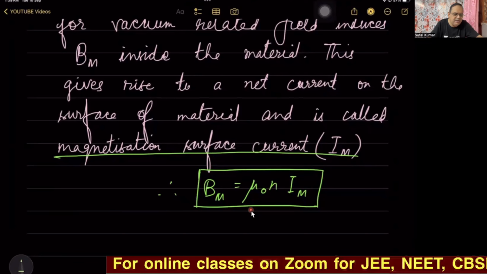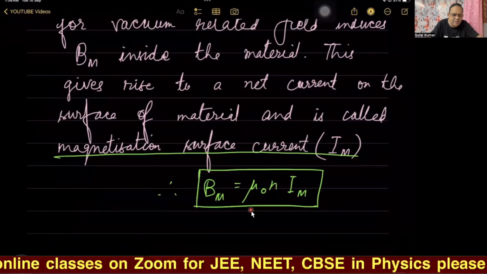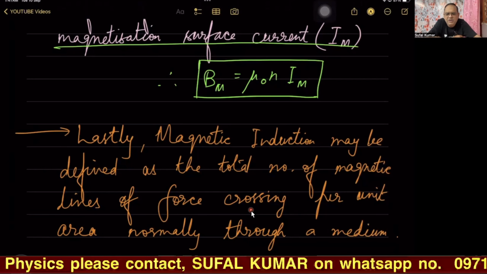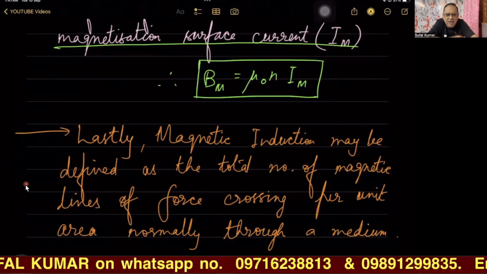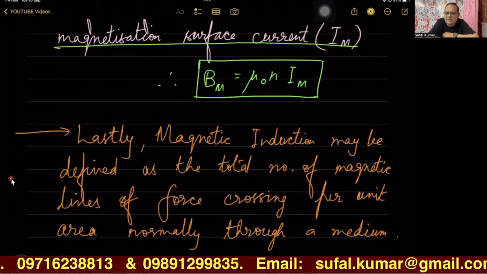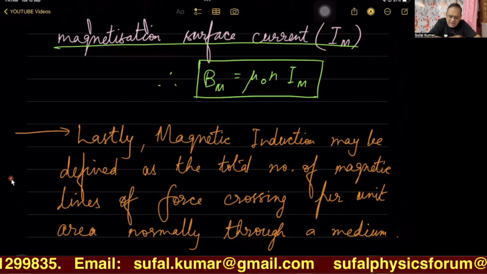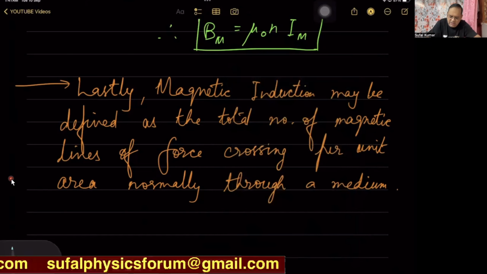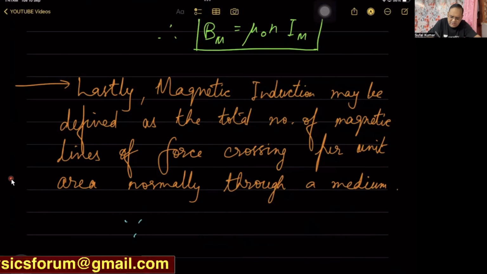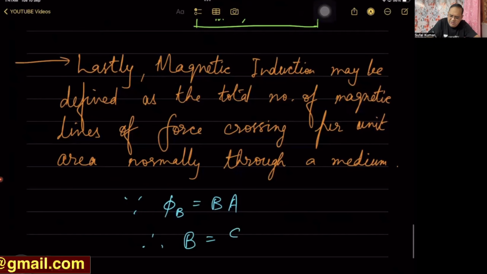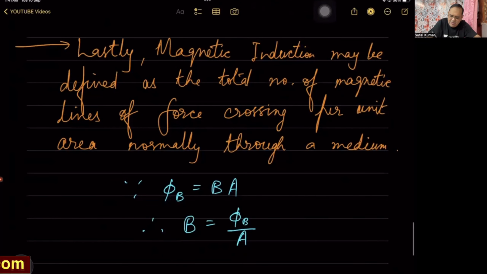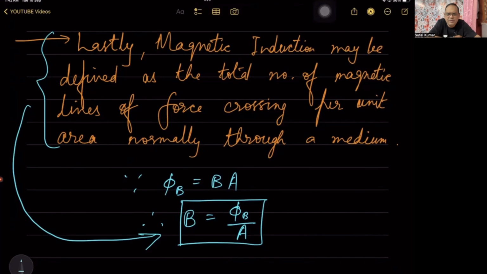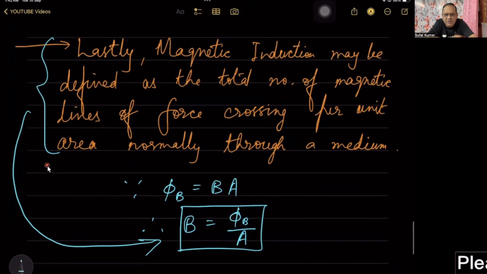Then in general, we have magnetic induction in a medium. From this language, you must be thinking on the line of flux, magnetic flux. Obviously, you are right in thinking this way. Since B is phi B upon A, that's what this definition is talking about. Let's repeat.